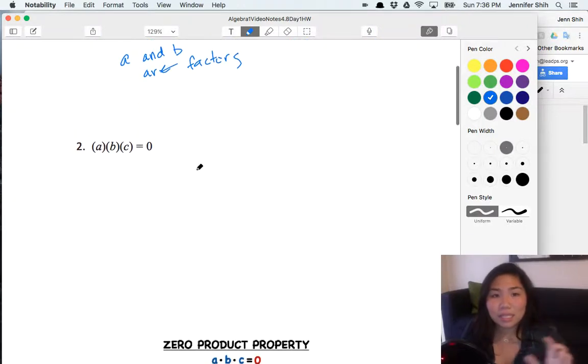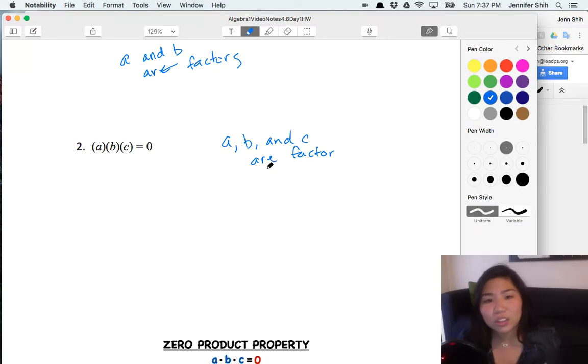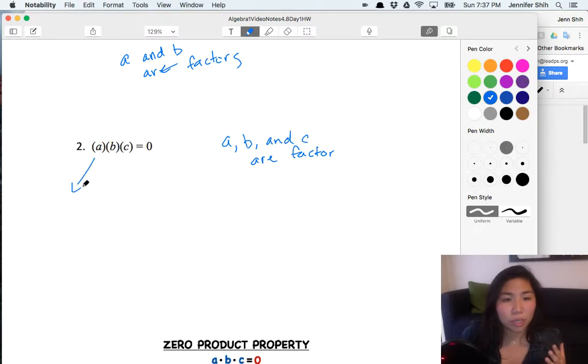A, B, and C are all still factors. And the product of those factors is equal to 0. So that means we have a product called the zero product property, which means either A is equal to 0, B is equal to 0, and or C is equal to 0.